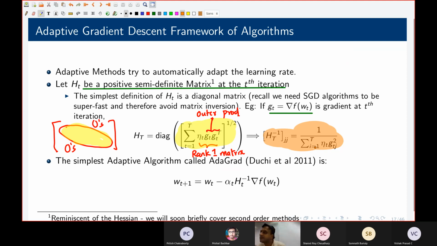Because GG transpose is the outer product, it will be a matrix, right? So you put a raise to half there. So what does that mean? Basically the square root, because all others will be zero. You're only dealing with the diagonal matrix entries. So the square root will continue. Yeah, thanks. That should have been here as well.